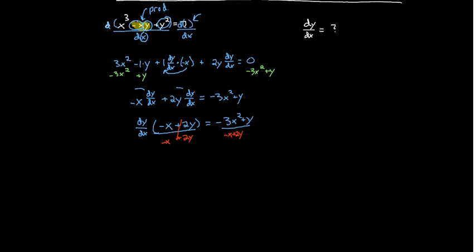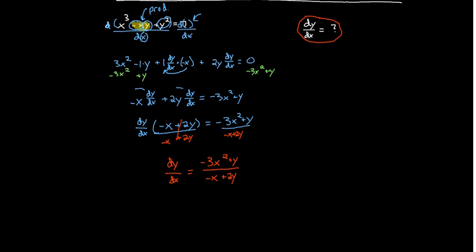That goes away. So dy over dx equals negative 3x squared plus y over negative x plus 2y. And so there we have our dy dx solved for.